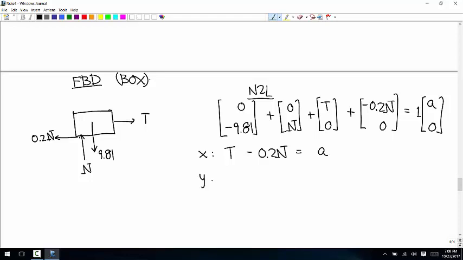The y equation says negative 9.81 plus n is equal to 0. So the y equation here tells us that n is equal to 9.81 newtons.